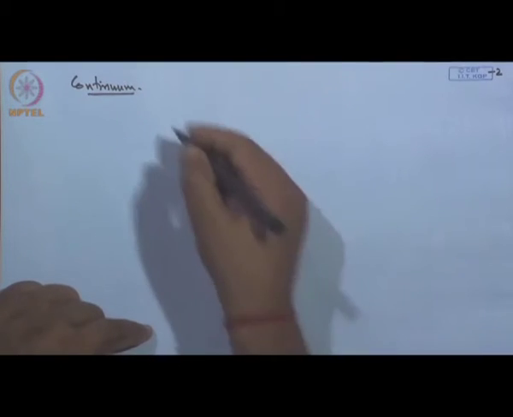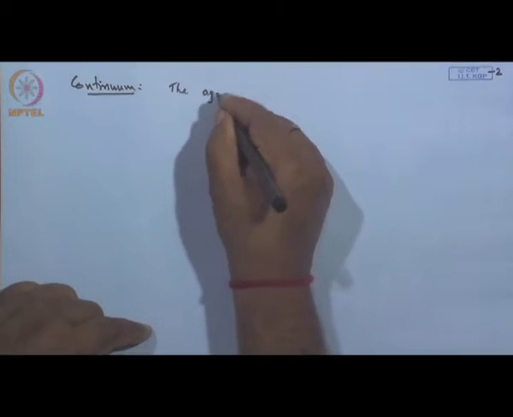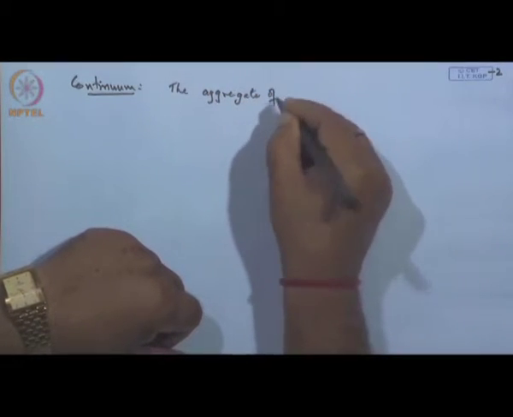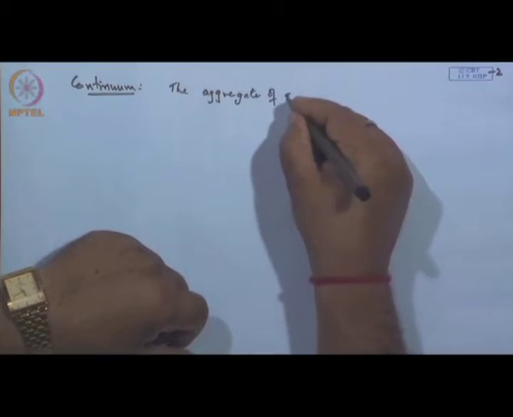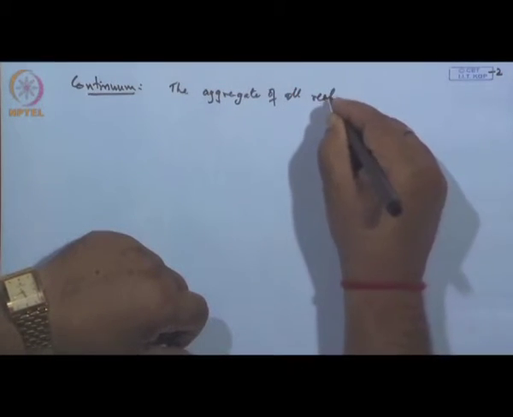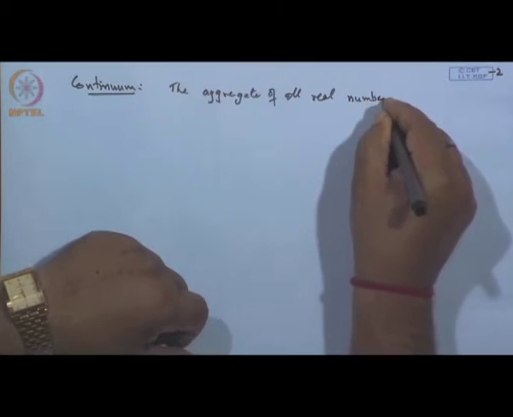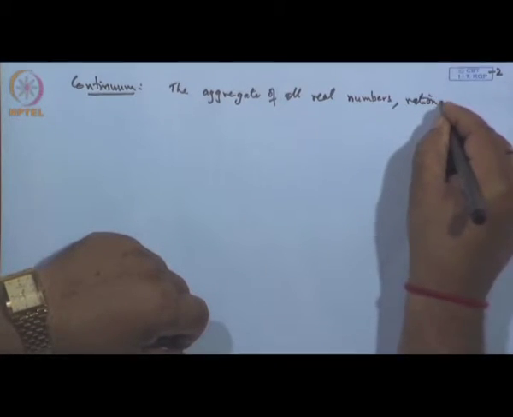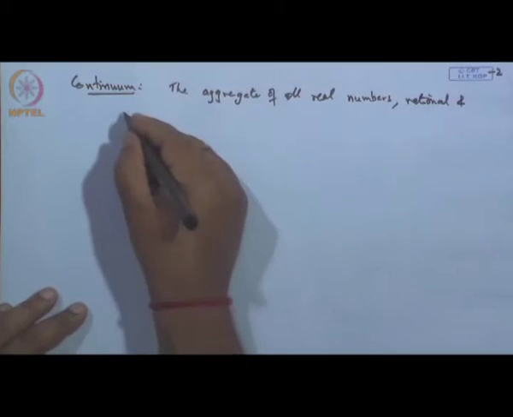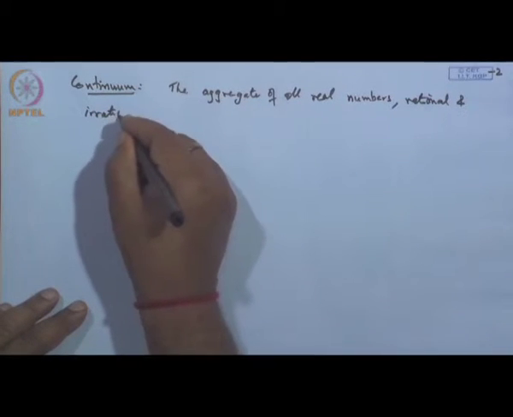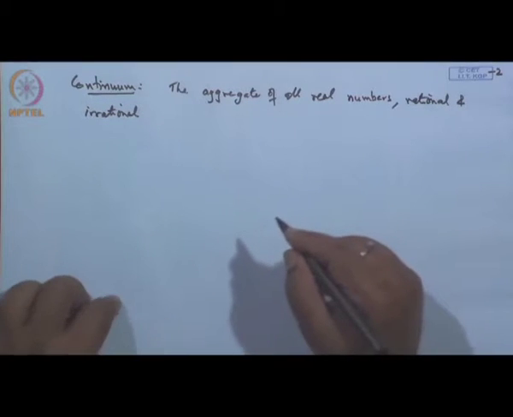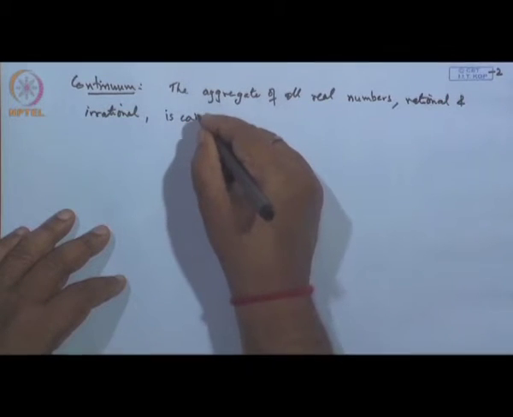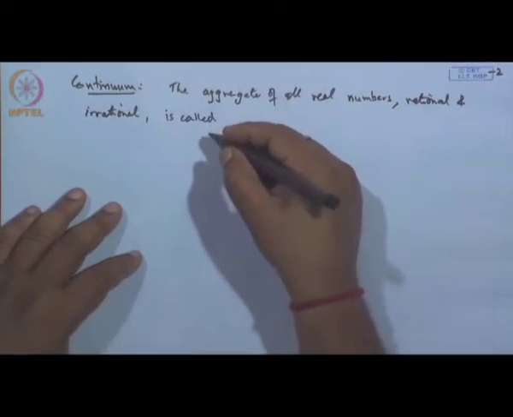The aggregate of all real numbers, that is rational and irrational, is called a continuum.